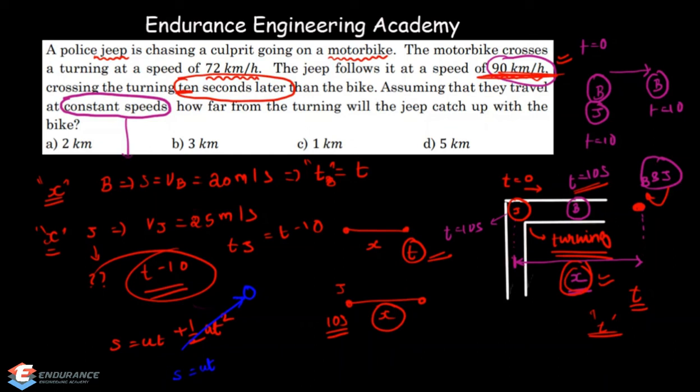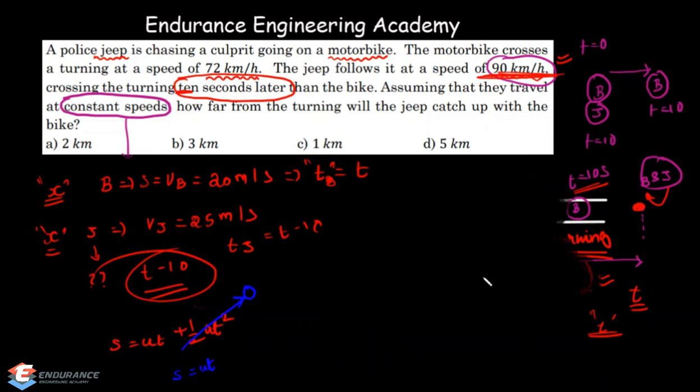So simply what will happen? Velocity is anyways constant, so initial velocity into t, so vb into t, which is equal to x, and that should be equal to vj into t minus 10.